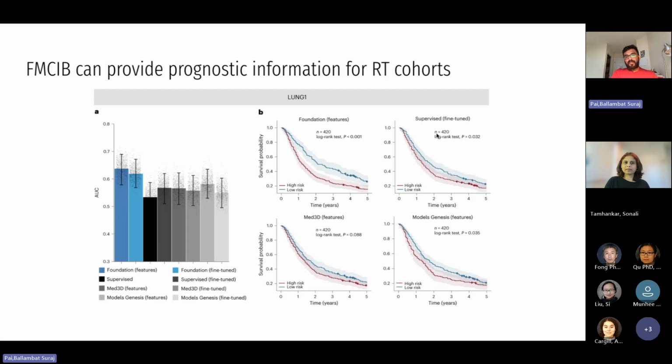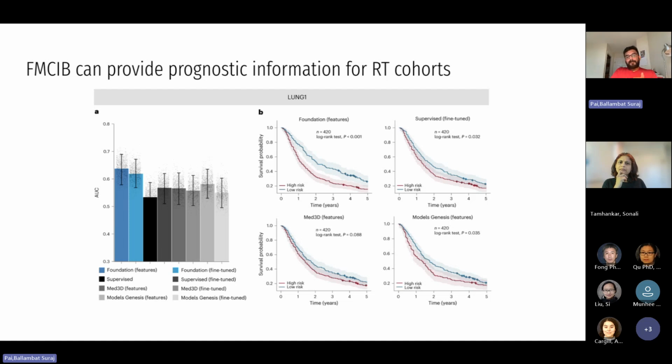And then if you fine tune it, then you see that the stratification ability actually gets worse. And we actually weren't sure why this is the case, why the features work much better than fine tuning. Because, in general, if you just fine tune something with a decent amount of data, it should work out pretty well.